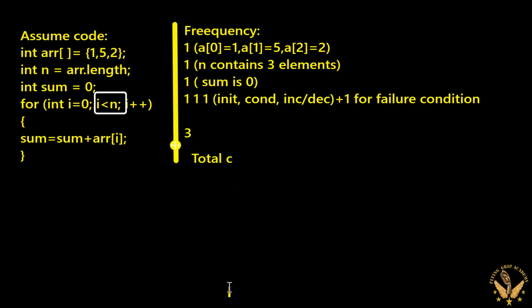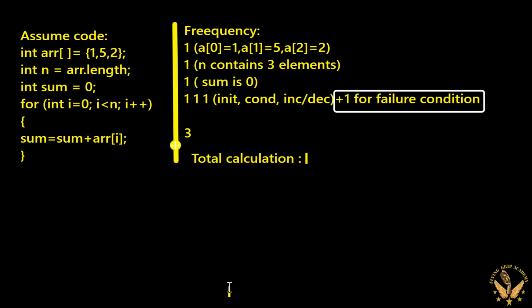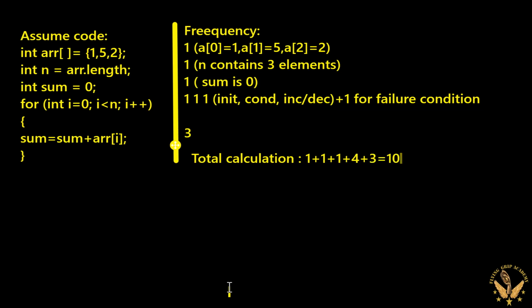When i becomes equal to n, the condition fails. That condition is also checked by the for loop, so we count 1 more for the failure condition. So let us check the calculation of the frequency. Totally 1 plus 1 plus 1 plus 4 plus 3, which results in 10.